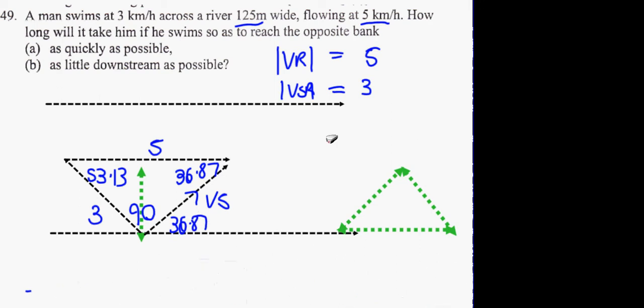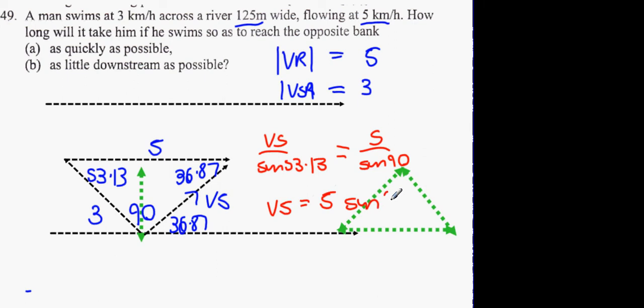So to find out what phi s is, we can say phi s over sine 53.13 equals any other side. So let's say 5 over sine 90, because 5 over sine 90 is quite an easy one. Phi s equals 5 times sine 53.13. And what is 5 times sine 53.13?